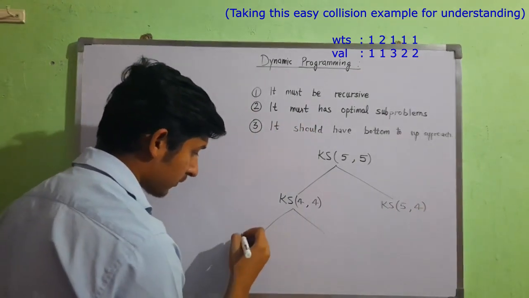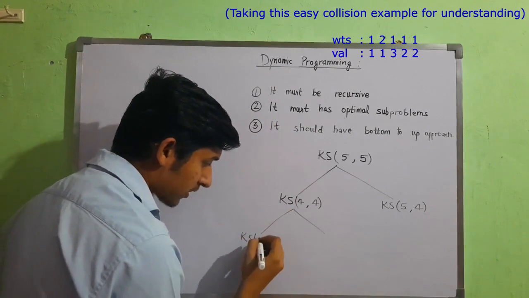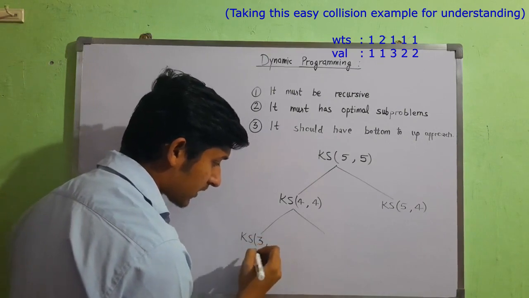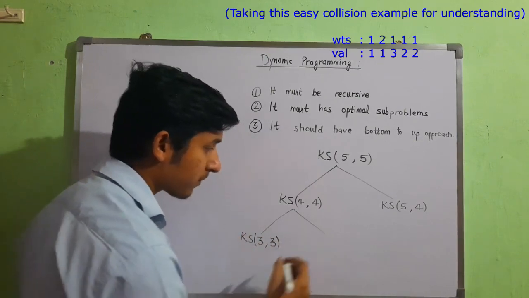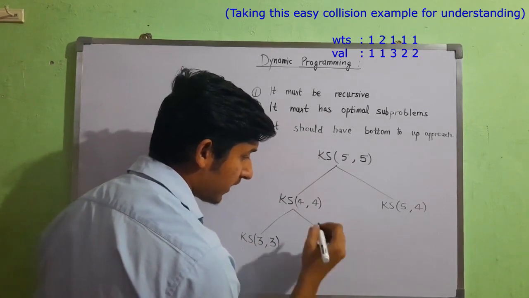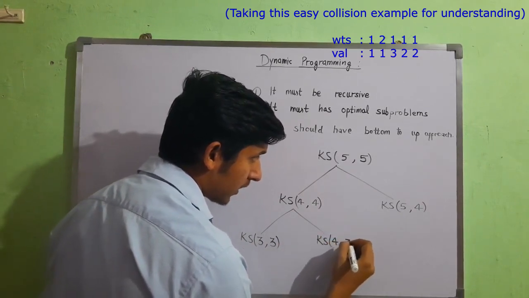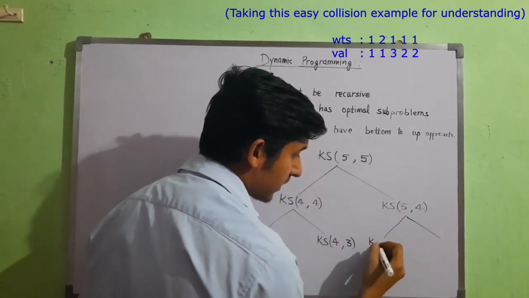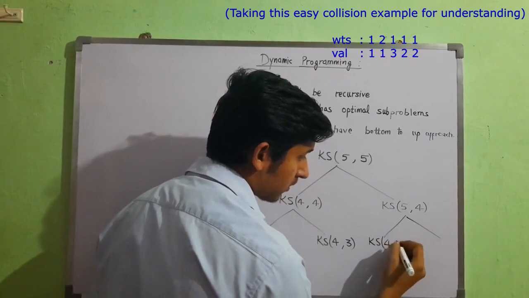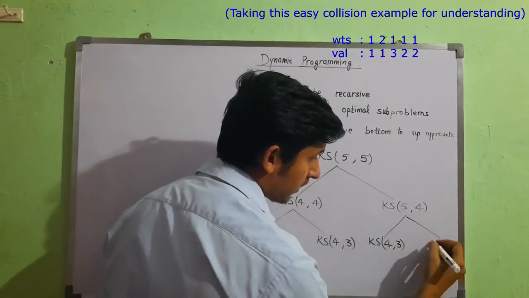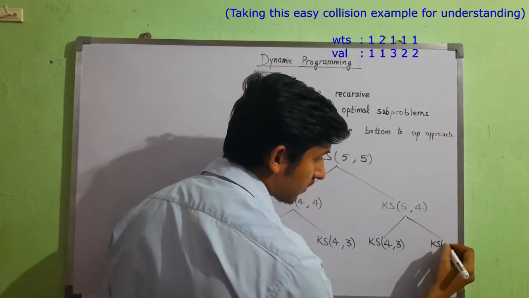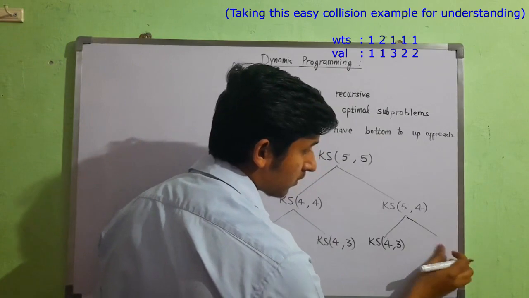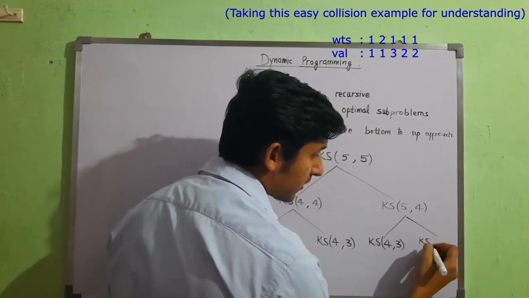Again, we chose the last element, so both reduced. We do not choose the last element, so one does not change. We chose the last element, so this. We do not choose the last element.